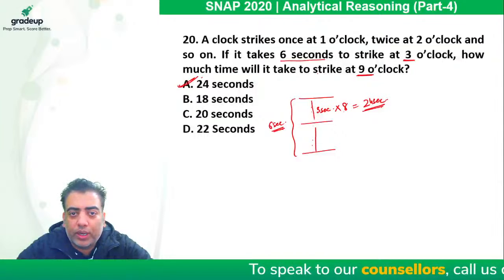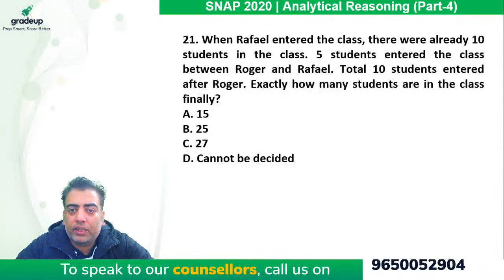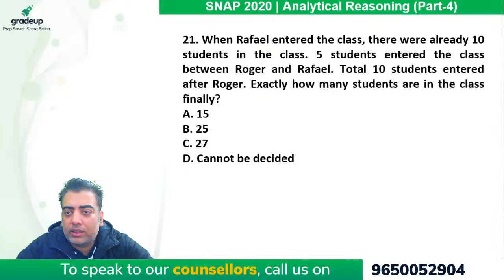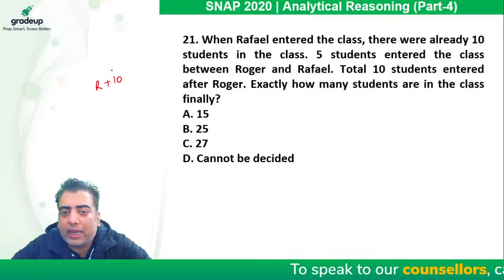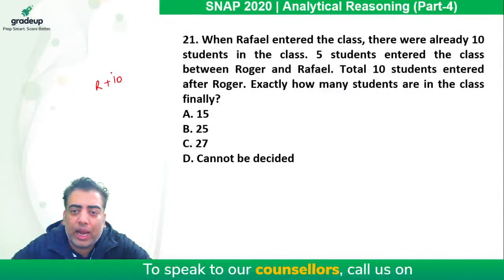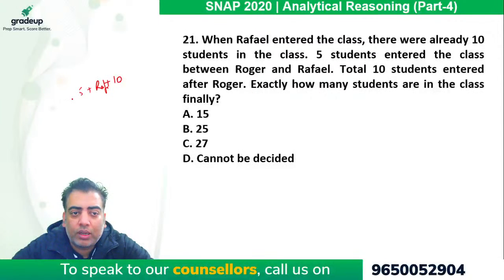Okay, so let's move on. Here he says, when Raphael entered the class, there were already 10 students in the class. 5 students entered the class between Roger and Raphael.